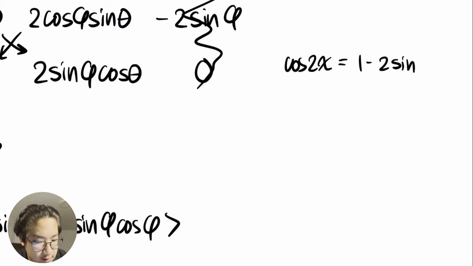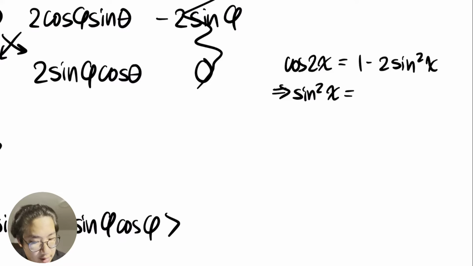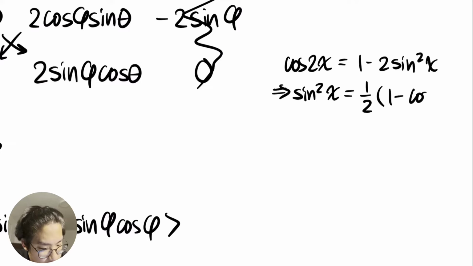And then if we isolate for sine squared x, we get that sine squared x is equal to 1/2 times 1 minus cos 2x.